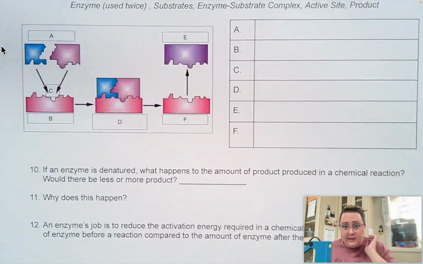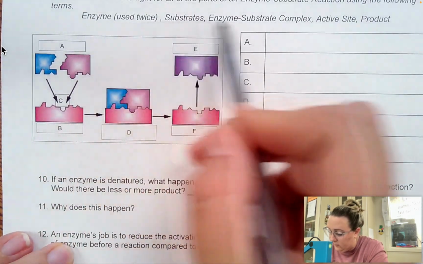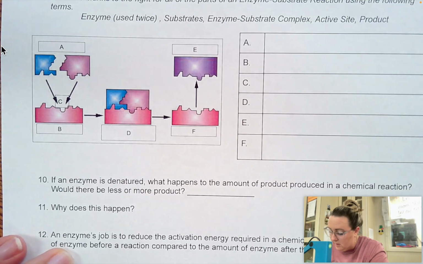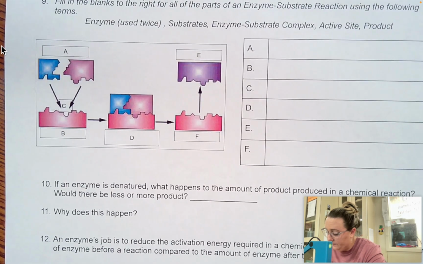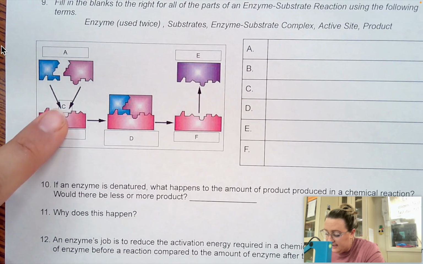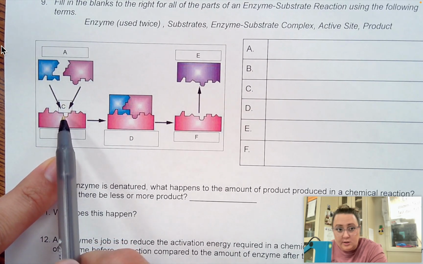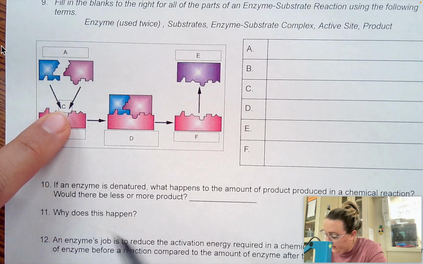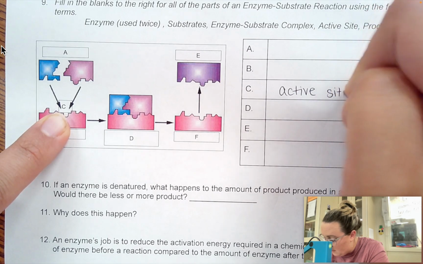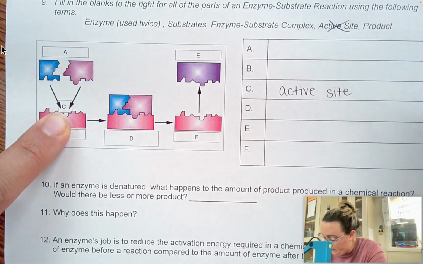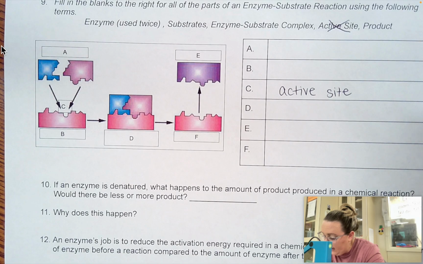All right, filling this in using these terms. We have, let's see, what's the easiest? Okay, C is pointing to where it's going to join. Where it's going to join is the active site. And then we have our substrates.